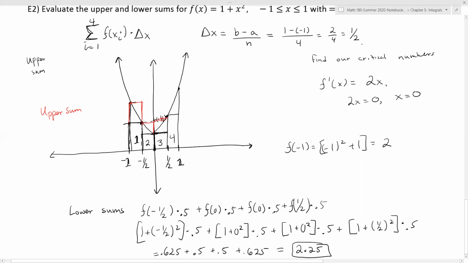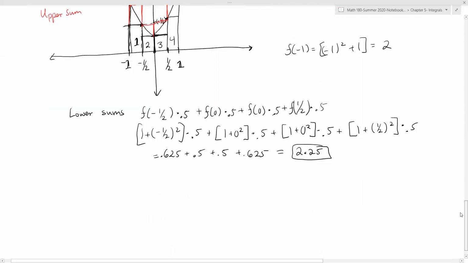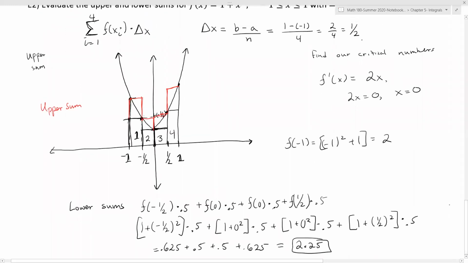It turns out it's also going to be the same for 2 and 3 again, okay? And it turns out, because it's symmetric about the y-axis, I'm sorry, my picture's not perfect, but you can kind of see that those are now going to be our upper sums, okay?